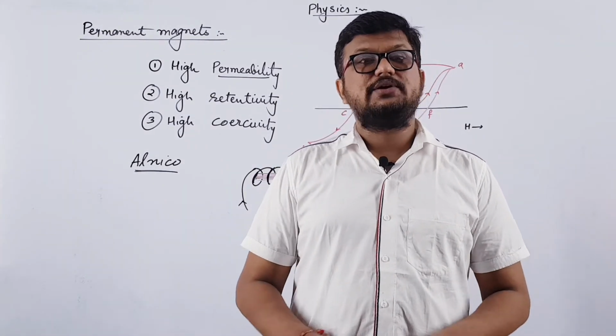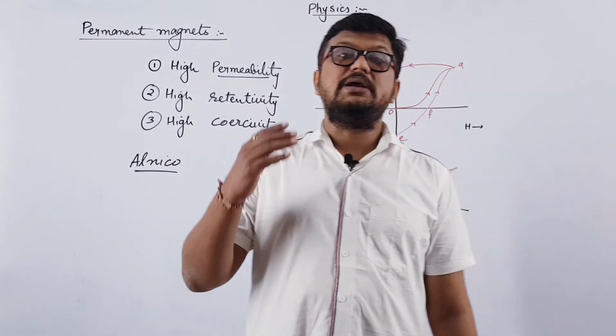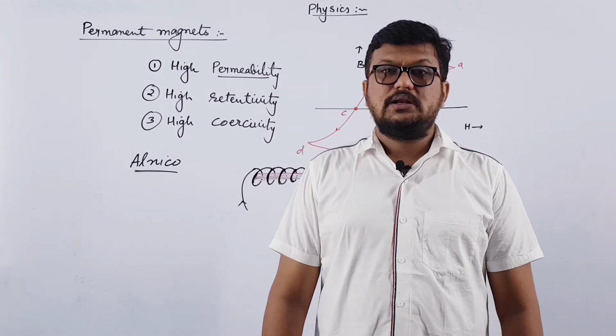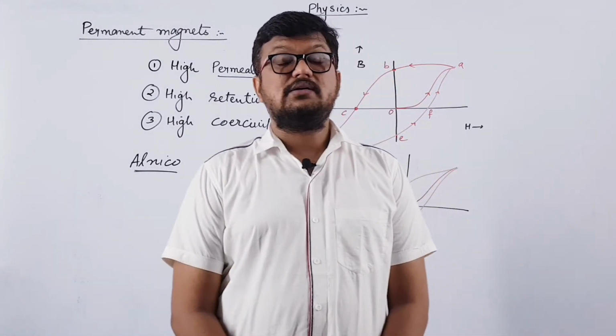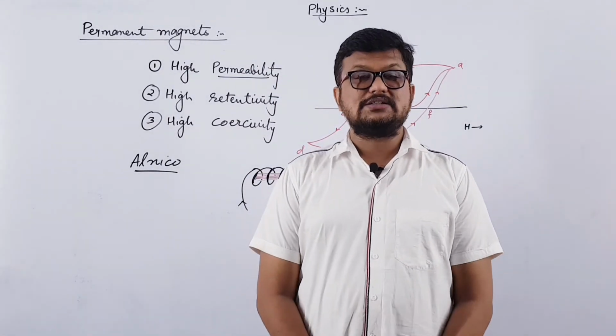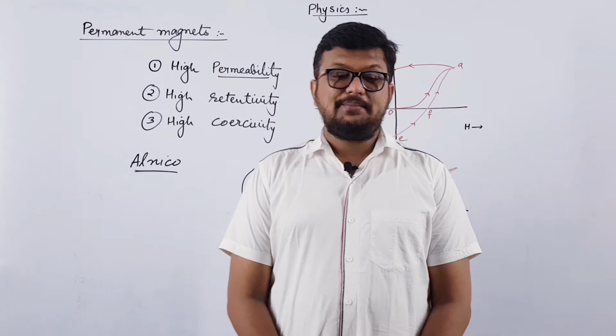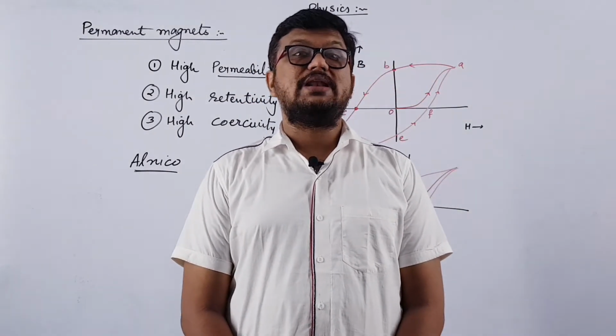So for such material, the hysteresis curve should be narrow, as we have discussed, so that we can minimize the energy loss. Remember, we cannot reduce the effect of eddy current. You will come across this eddy current as well as the transformer in chapter 6 and 7. At that time, we will discuss these things. But for the time being, if the hysteresis curve is narrow, then the loss in energy will be very less.